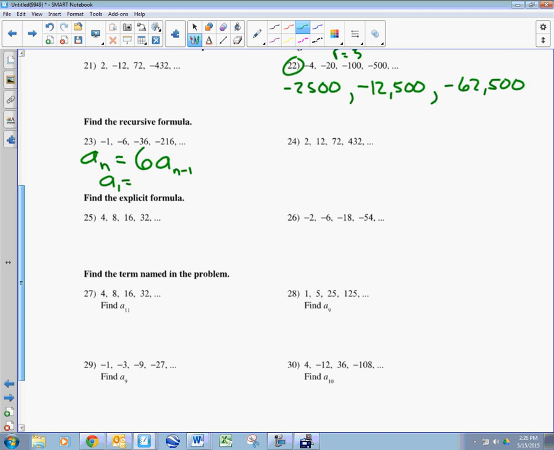A sub 1 is -1. Look at the next one. Different sequence. But what is the rule? What are you multiplying by? So it's the same rule. So then how do we get different results? Different starting point.